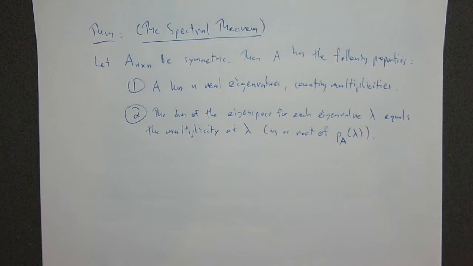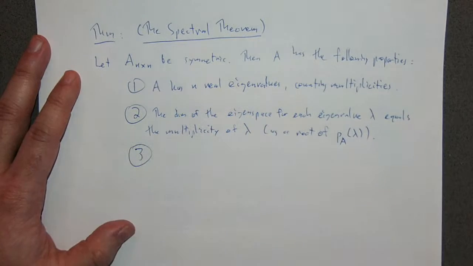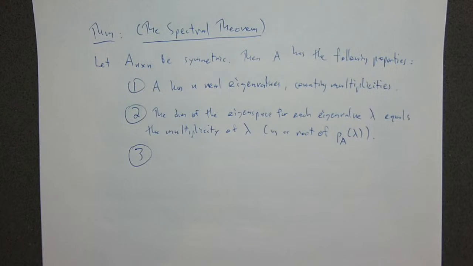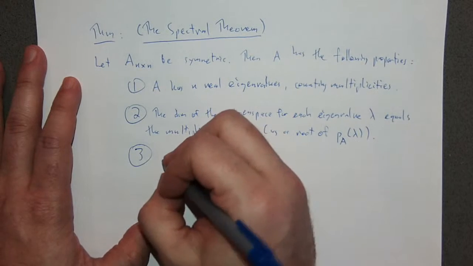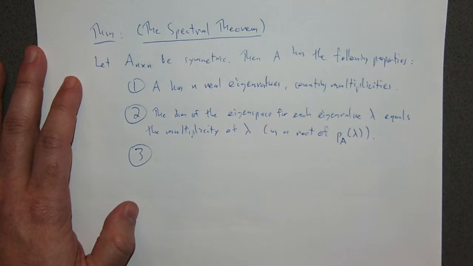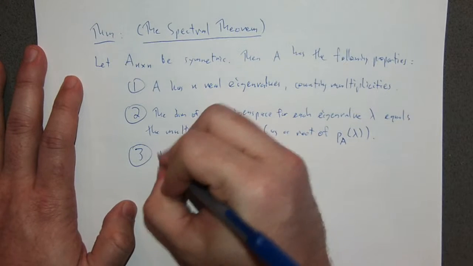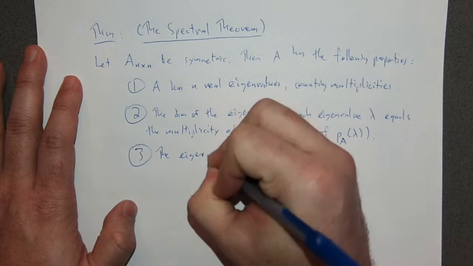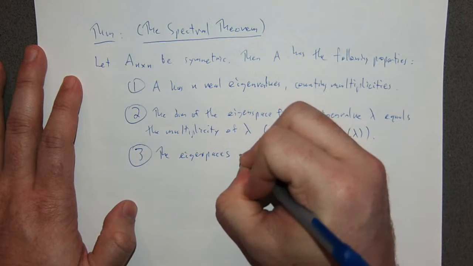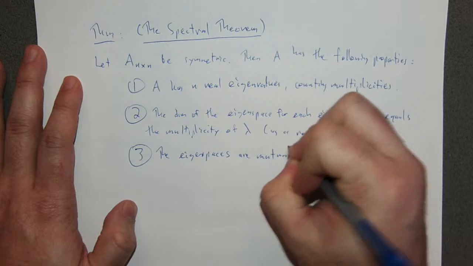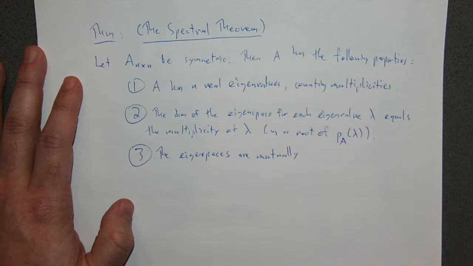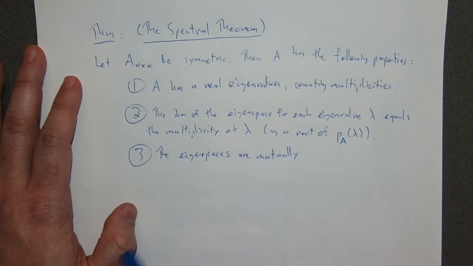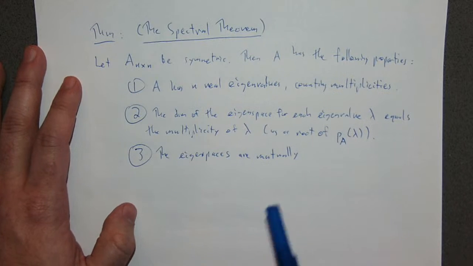Next, the eigenspaces are mutually orthogonal in the sense that eigenvectors corresponding to different eigenvalues are orthogonal. So the eigenspaces are mutually orthogonal. We got that from that first theorem we wrote today, which said that eigenvectors from different eigenspaces were orthogonal.